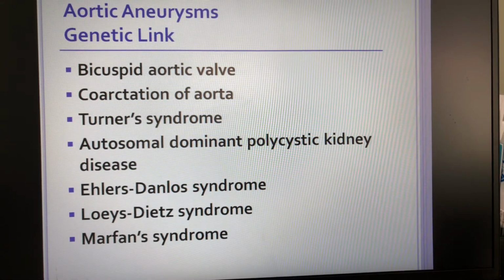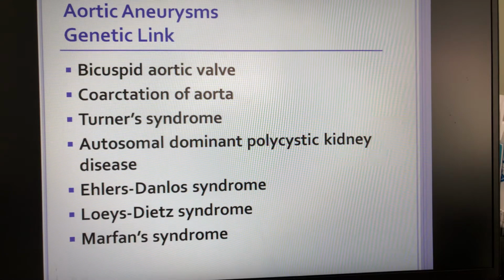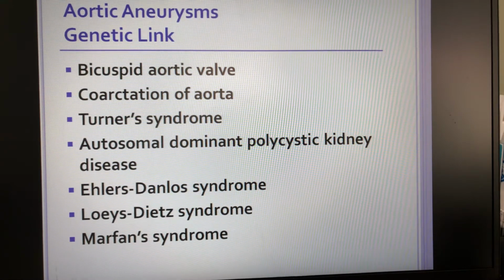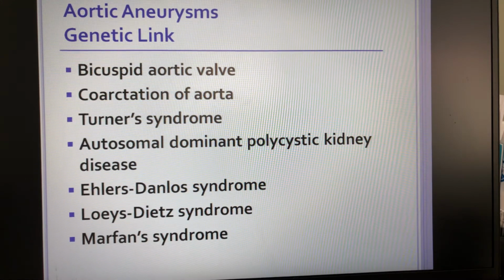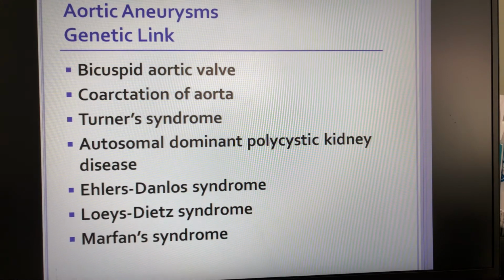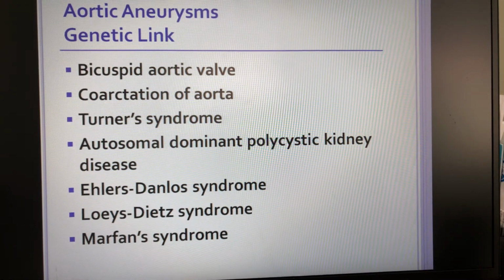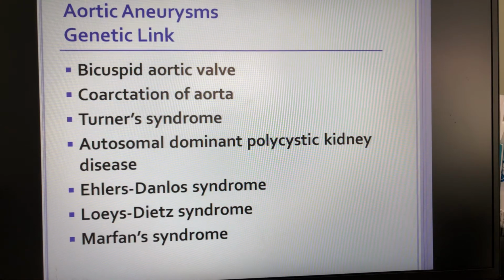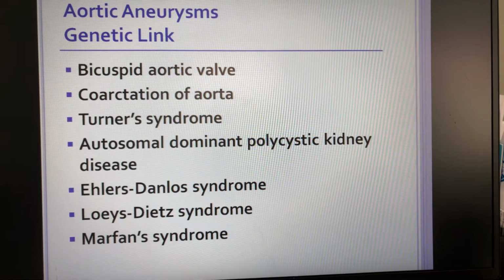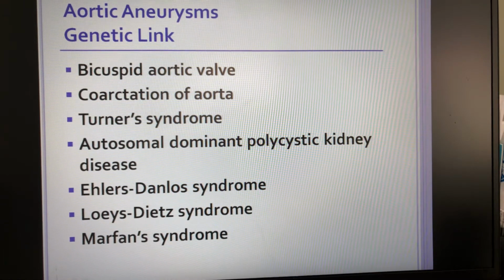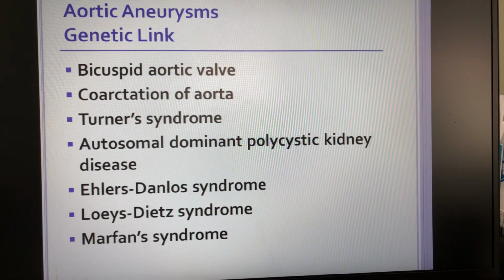Now, the genetic link with aortic aneurysms, the family tendency is actually related to a number of congenital abnormalities. Examples include these that are listed: the bicuspid aortic valve, coarctation of the aorta, Turner syndrome, autosomal dominant polycystic kidney disease, as well as specific collagen defects like the Ehlers-Danlos syndrome.